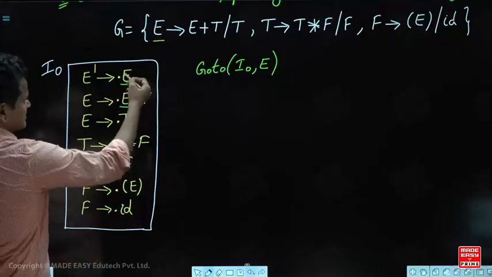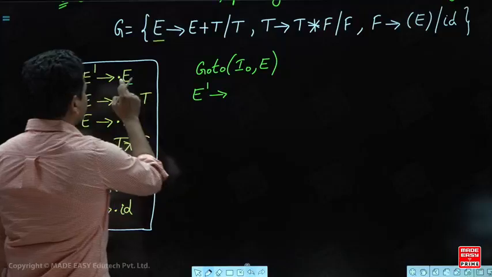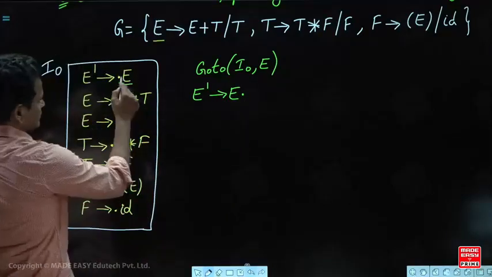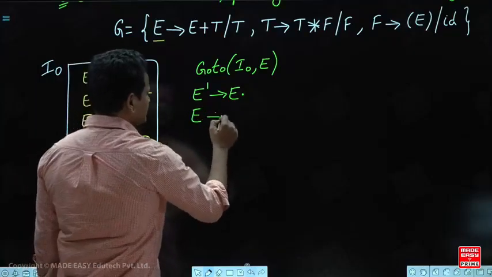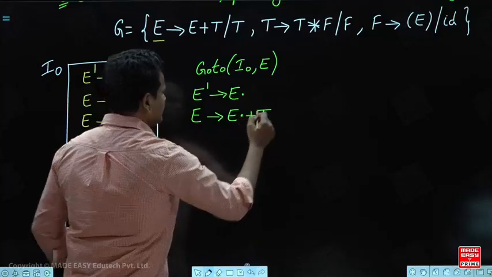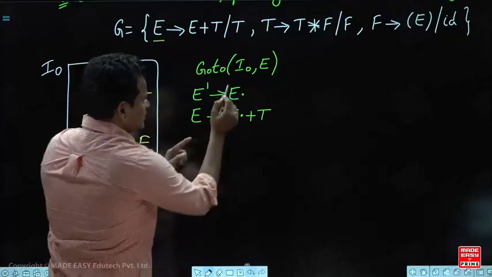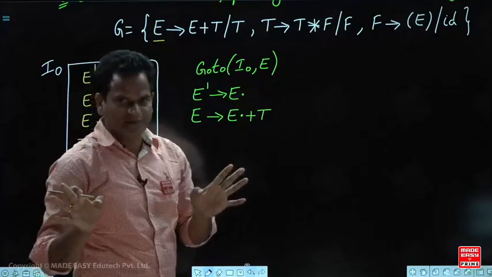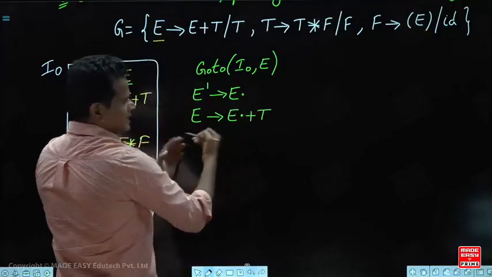Both are the same symbols. So E → E. For this, the dot will be moved here. Whenever you are writing, first shift the dot, for this one and for this one. Now look at this one, dot after nothing. There is nothing after the dot, so from this you cannot add anything.